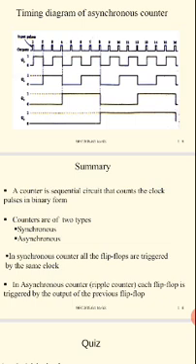Today, we discussed the main points. The truth table also we discussed here.